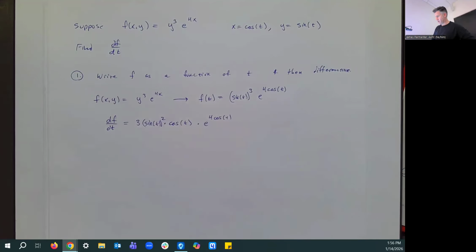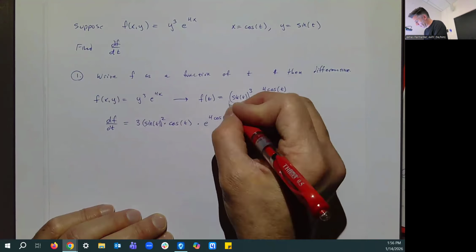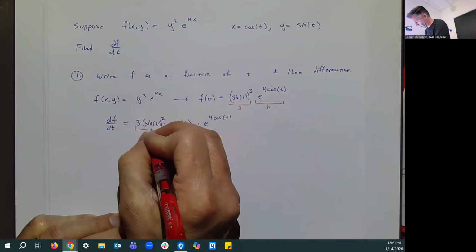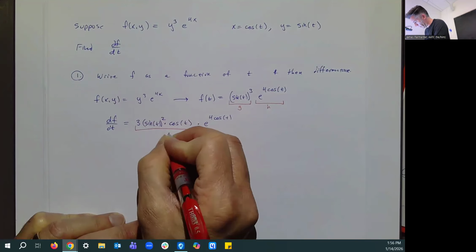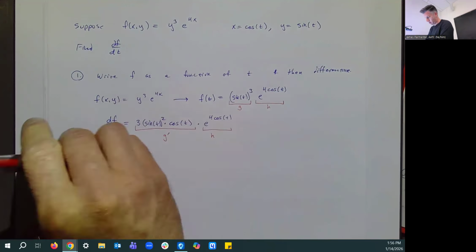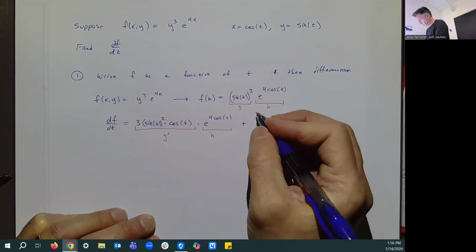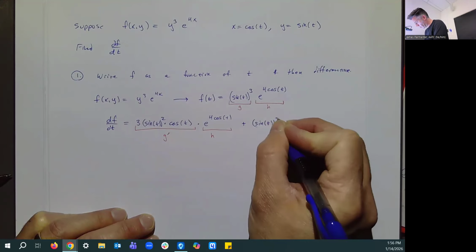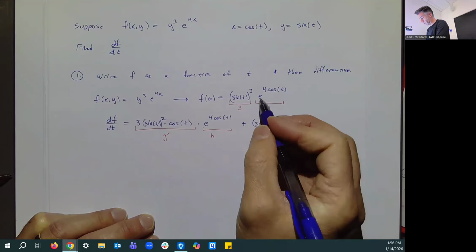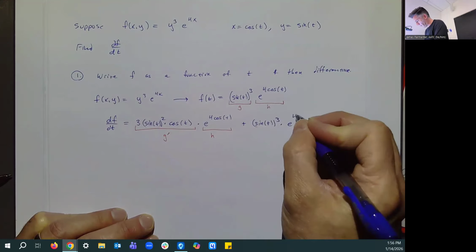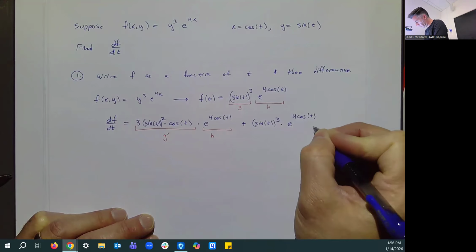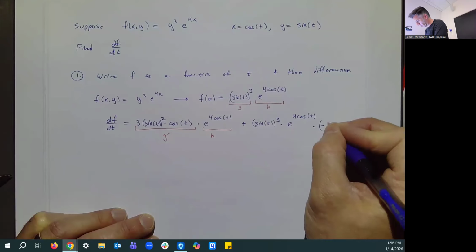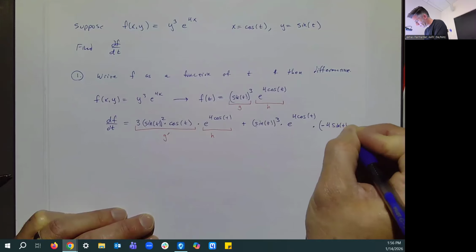For those of you that like this kind of notation, I'm thinking of this as like my g, and this is like my h, and here's my g prime multiplied by my h left alone, and then we're going to switch it up. We're going to leave g alone, so we have sine of t cubed times the derivative of e to the stuff, which is e to the stuff multiplied by the derivative of that stuff, which is going to be 4 times negative sine of t, or negative 4 sine of t.